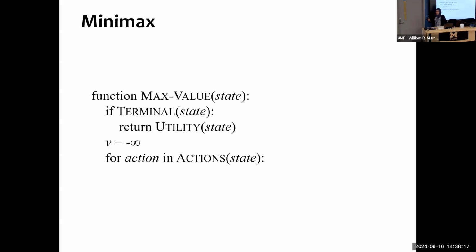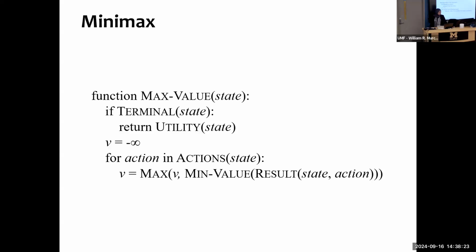And here we are going to go through a for loop. For each action that belongs to the actions, v is going to give the result of checking the max between this v, which is initially initialized to a very negative value, and then that is going to be compared to the min value.